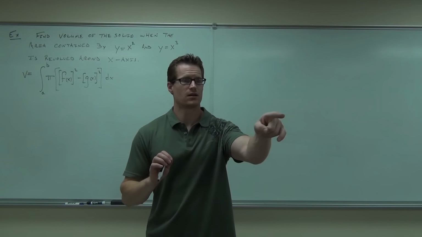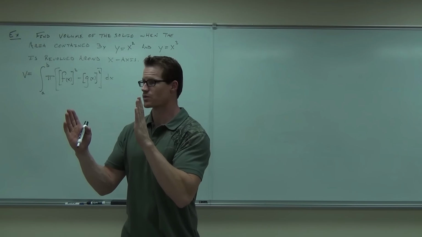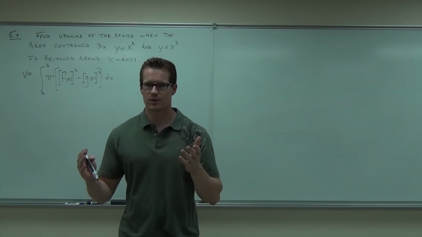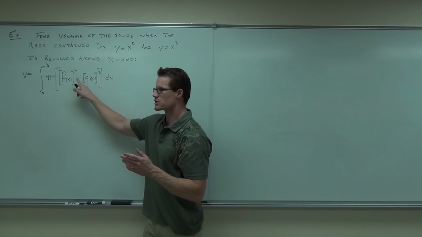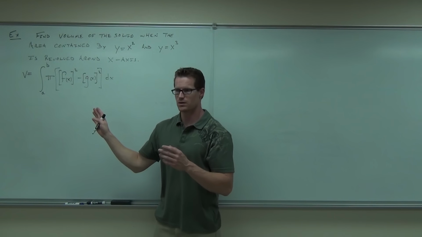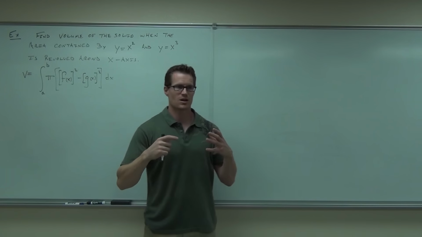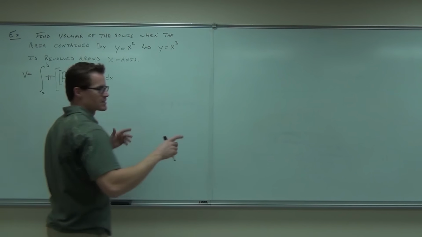That's exactly what we would do to find the area between two curves, right? All we're doing now is finding the area between two curves, and then taking the circles when we rotate them around. So this really says take the area between the two curves and revolve it around. That's what we're doing. So what we need to do first is exactly what you said.